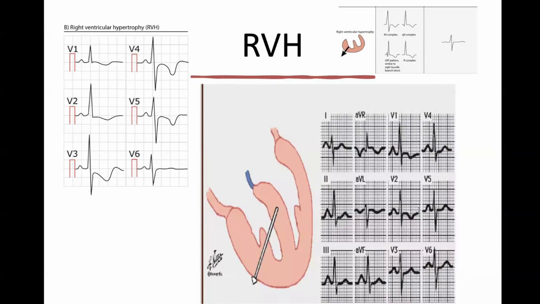If the patient is more than 6 months old and the ECG only shows an R wave and no S wave in V1, then this is also considered an abnormal finding. A QR pattern in V1, so a small Q wave and a tall R wave, also points towards right ventricular hypertrophy.